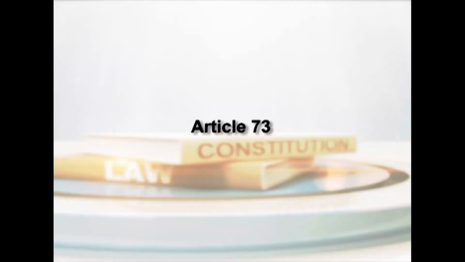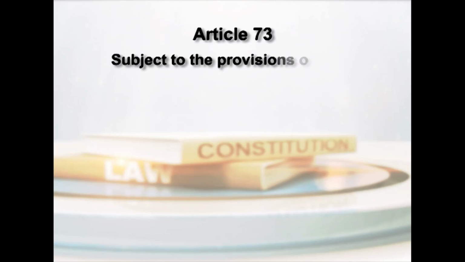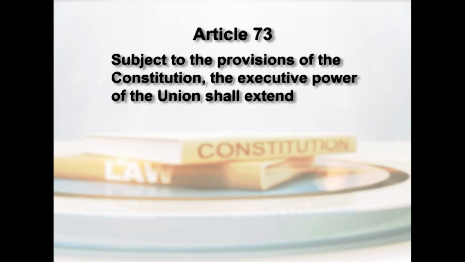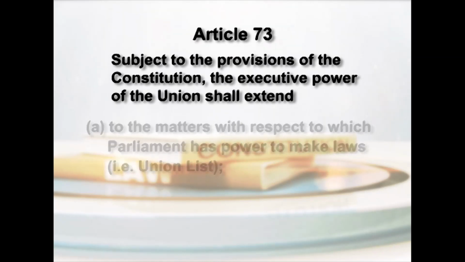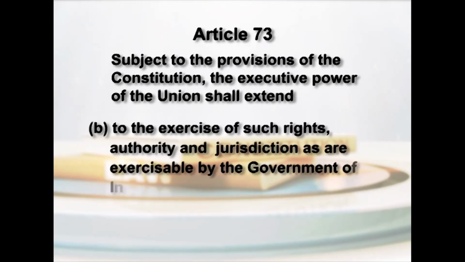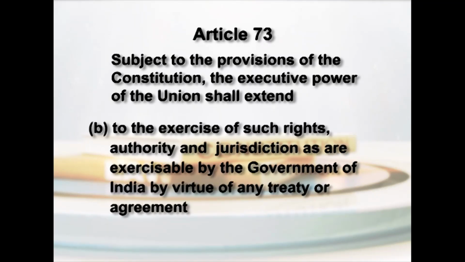Let's turn our eyes to Article 73. Article 73 says that subject to the provisions of the Constitution, the executive power of the Union shall extend to the matters with respect to which the Parliament has the power to make laws, that is, the Union list, and to the exercise of such rights, authority and jurisdiction as are exercisable by the Government of India by virtue of any treaty or agreement.